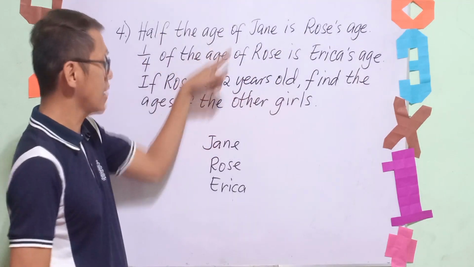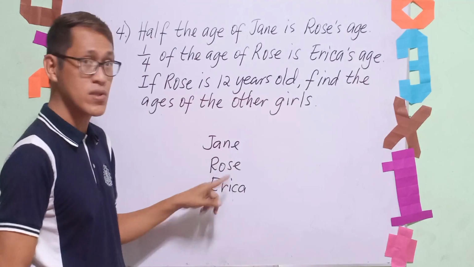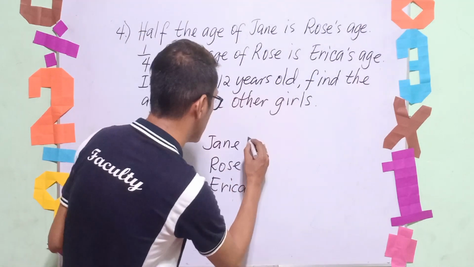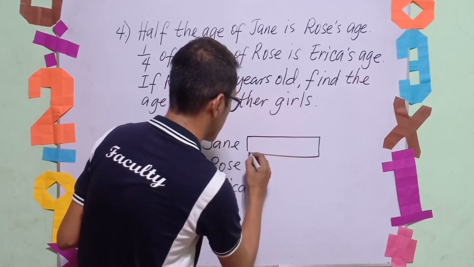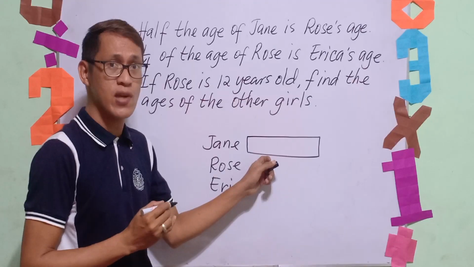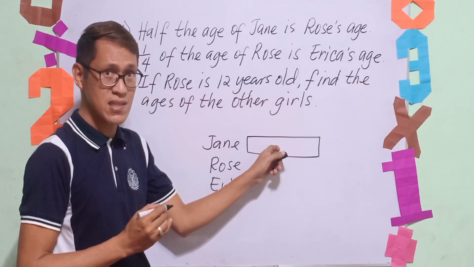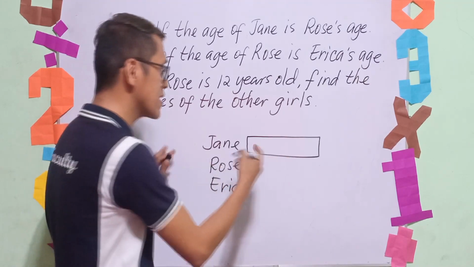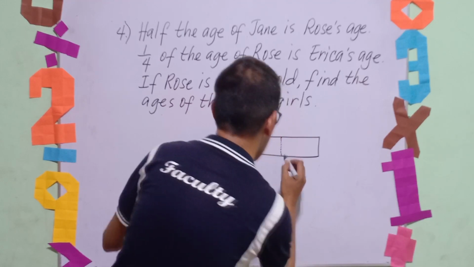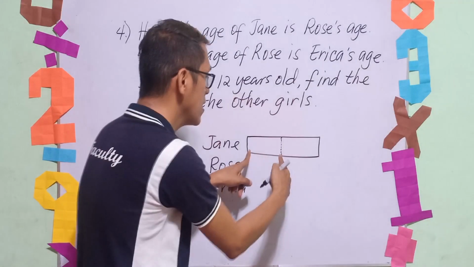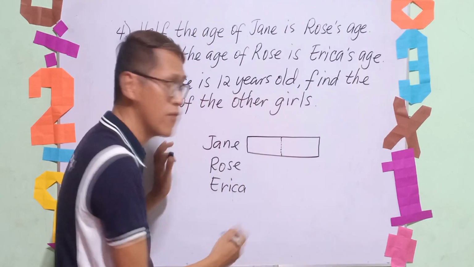It says half the age of Jane is Rose's age. So let's draw a block first for the age of Jane. If this is the age of Jane, half of this is the age of Rose. So let's get half. Assuming these two are equal parts.